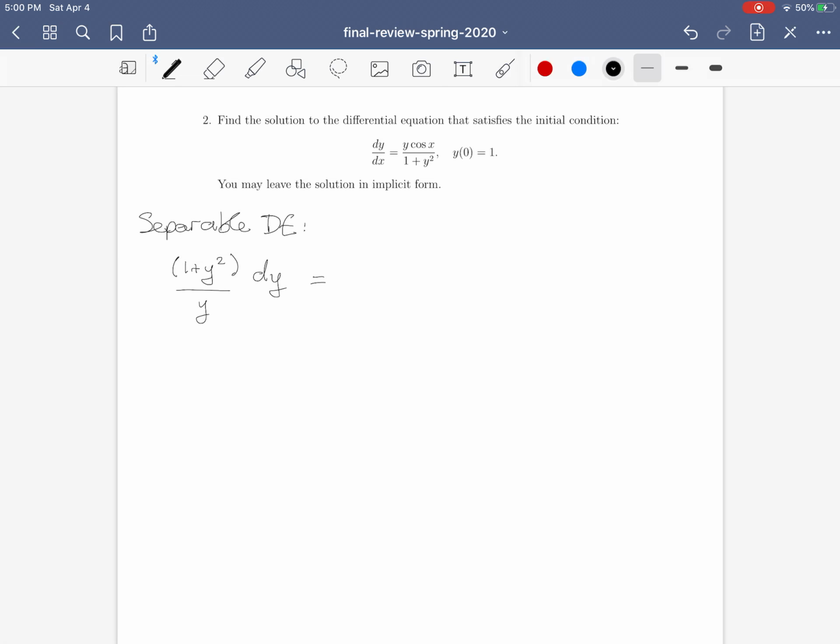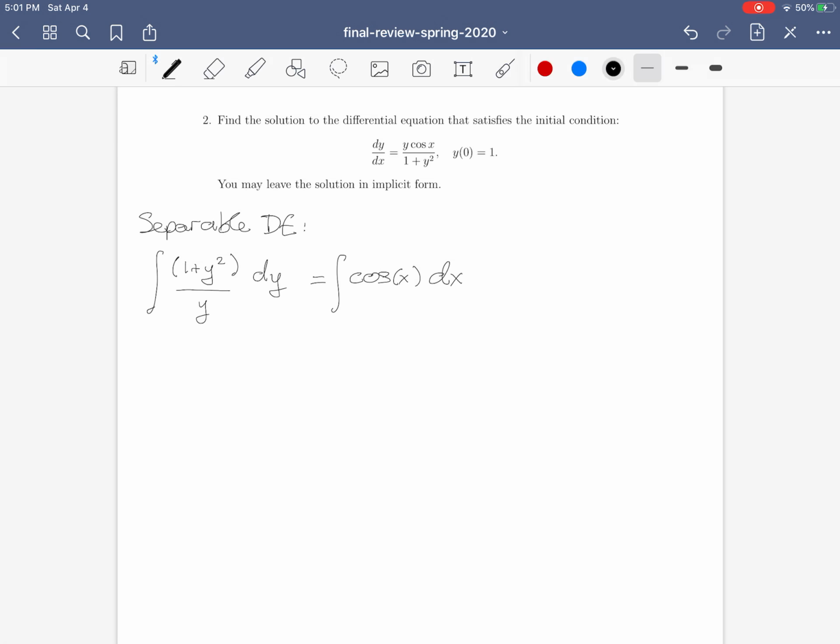And then I move my x terms over to the right-hand side, or I keep them on the right-hand side for the cosine x. I move my dx over to the right-hand side, and now I integrate both sides. So on the left-hand side, I've got the integral of 1 plus y squared divided by y. And on the right-hand side, I've got the integral of cosine x dx.